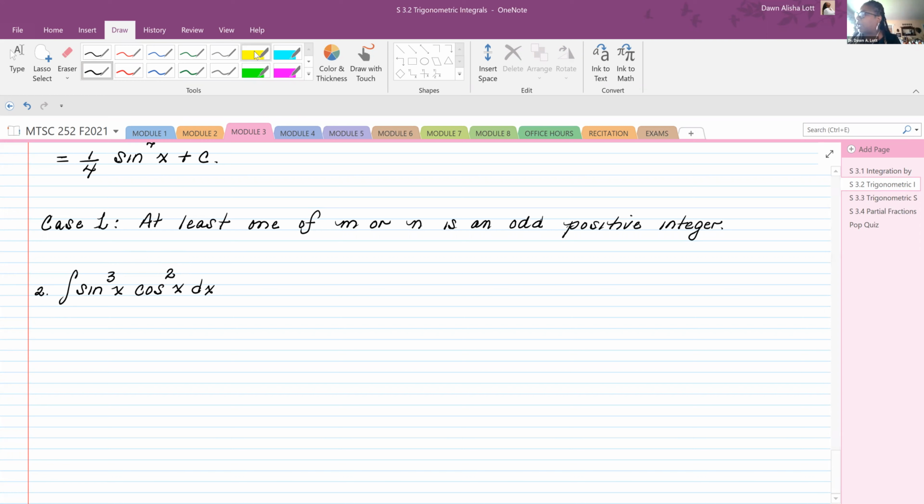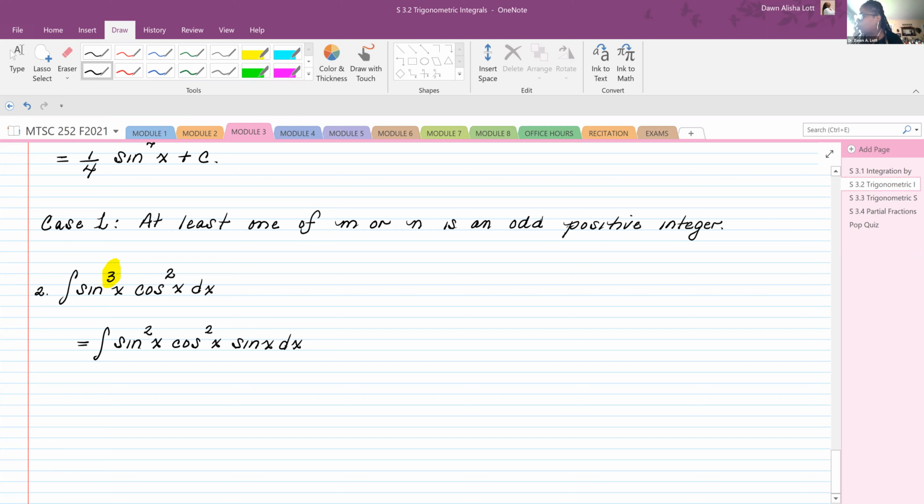So I have my odd power right here. That's the most important thing, that one of m or n, the powers, is odd. If that is the case, we're going to peel one off, just one. So I'm going to write this as the integral of the sine squared of x, the cosine squared of x, the sine of x dx.